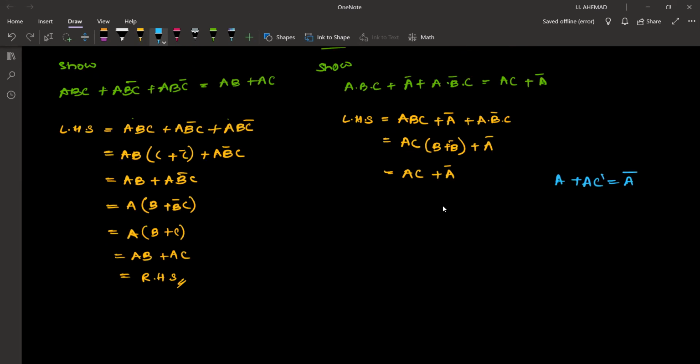So A bar is whole thing bar. We can write this whole thing bar as A dot AC whole thing bar, and this one could be written as A bar plus C bar.